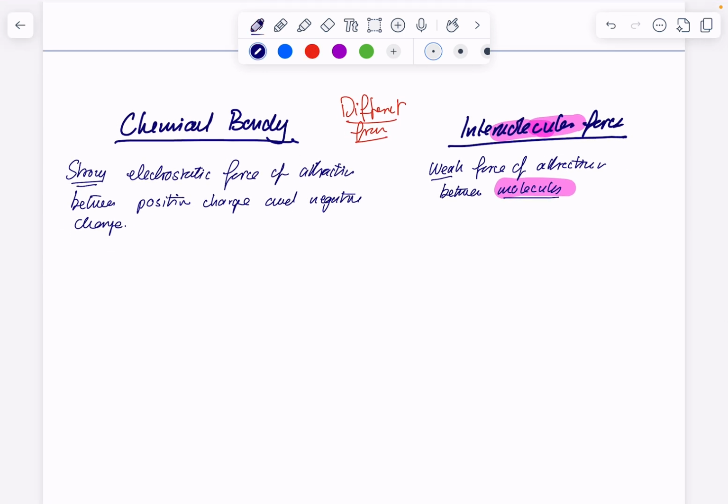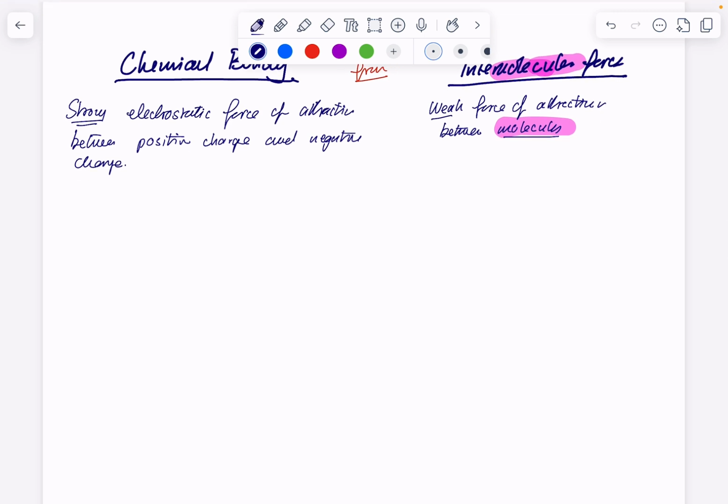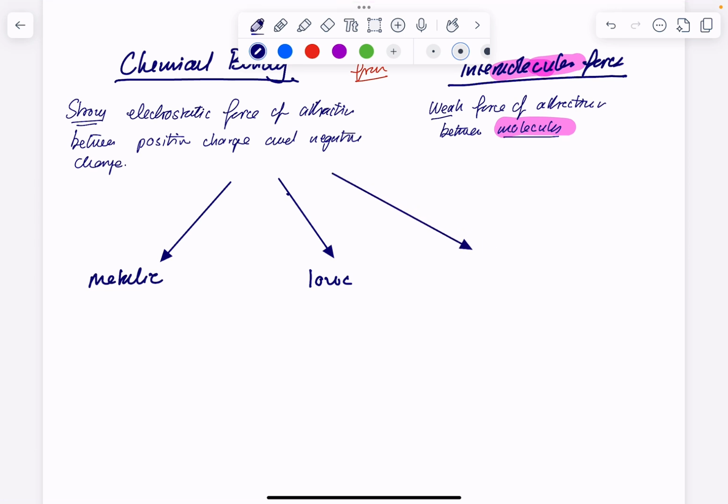So now we're just going to talk mostly about chemical bonds. There are three main types of chemical bond. These are, stop and think if you can think about what these are: metallic, ionic, and covalent.